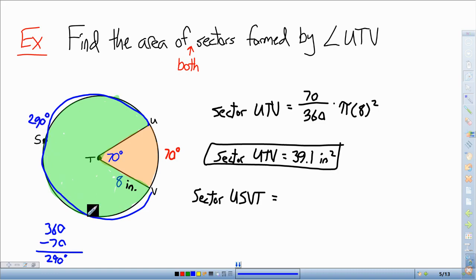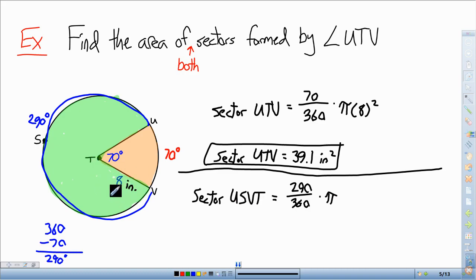And really, that's the only additional work that needs to be done here. So now we know the measure of the arc. So 290 divided by 360, times pi r squared. Our radius is still 8, so pi 8 squared. The only thing that changed was the measure of the arc, because the arc of this sector was different than the arc of this one.